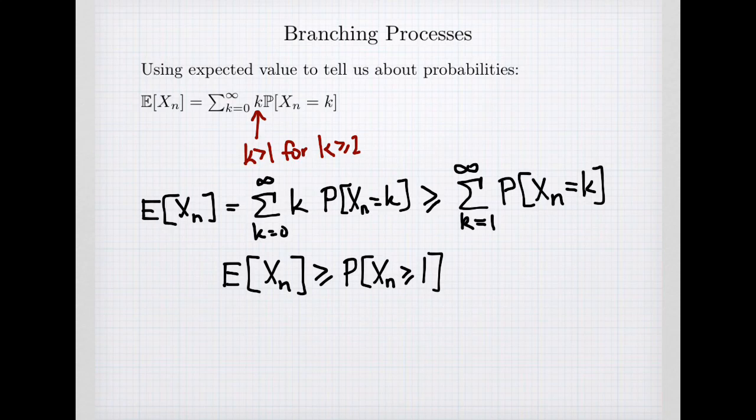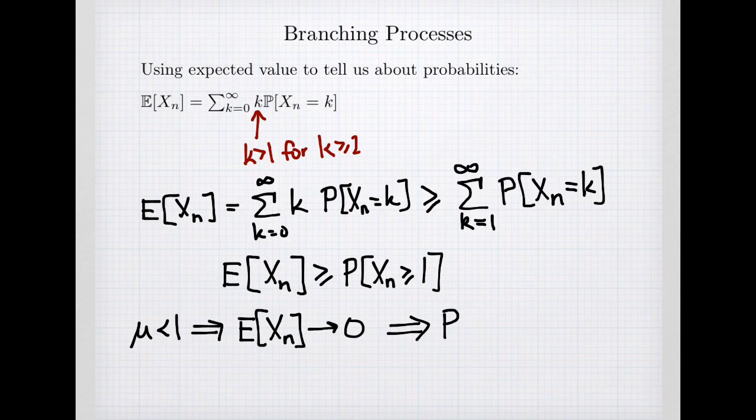So if our expected value decays, in other words, if mu is less than 1, this tells me that the expected value of x sub n converges to 0 as n goes to infinity. And this tells me that the probability that x sub n is greater than or equal to 1 also converges to 0.